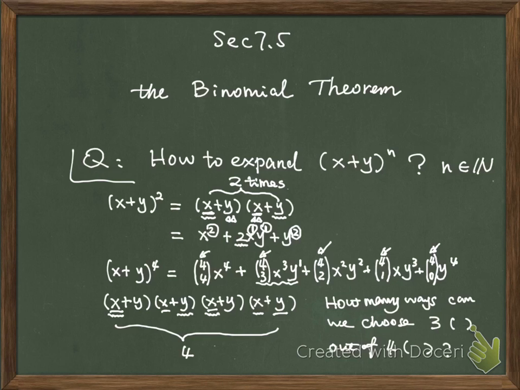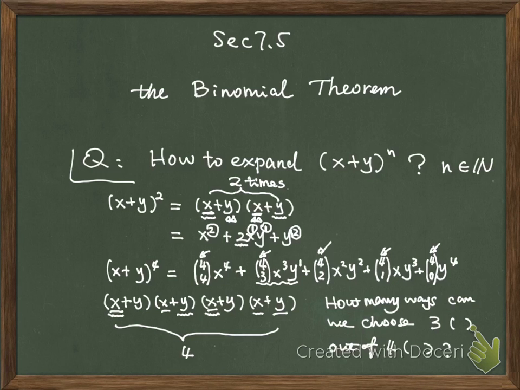This could be 4 choose 0. But in order to make the coefficients formatted in a nice order, we choose to stick with the powers of x. If we choose to stick with the power of x, this lower number here will always agree with the power of x.